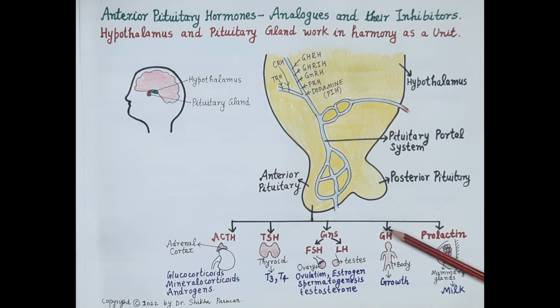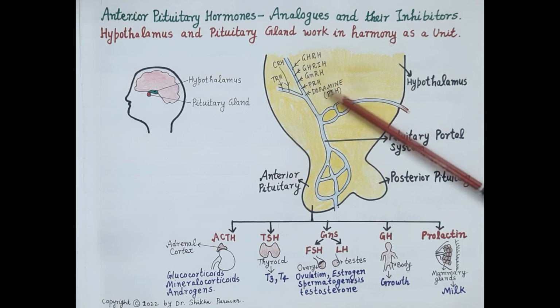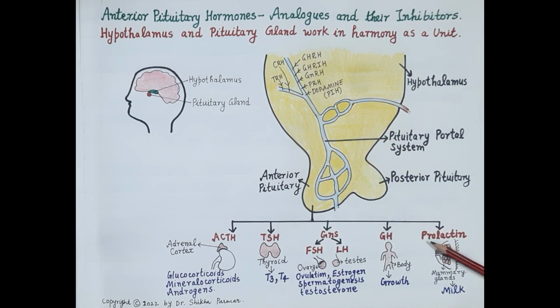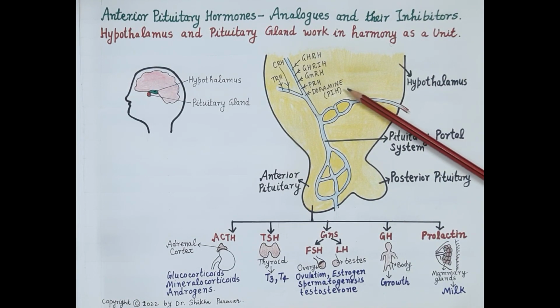Then PRH, that is the prolactin releasing hormone, stimulates the release of prolactin from the anterior pituitary, and this prolactin stimulates the production of milk by the mammary glands. On the contrary, dopamine, also termed as PIH, that is prolactin inhibiting hormone, inhibits the release of prolactin.